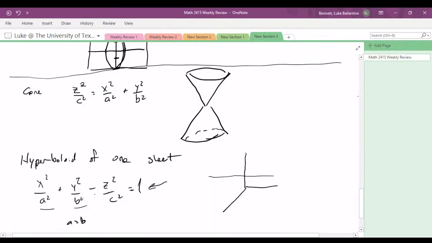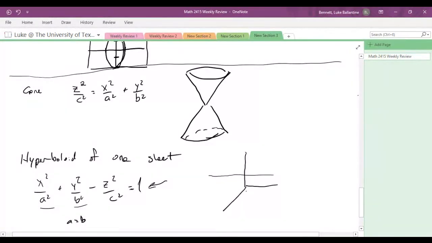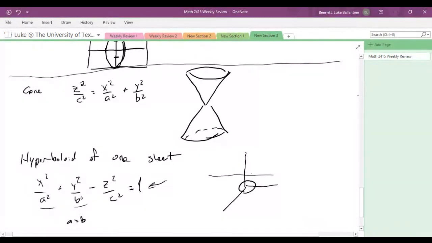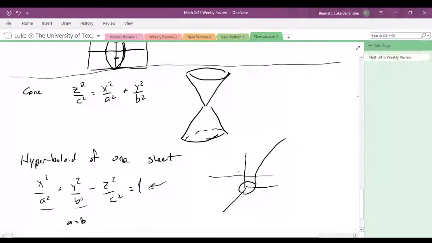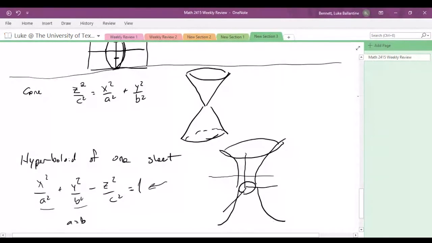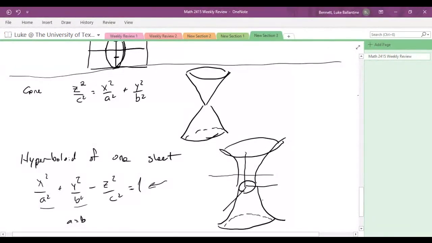Cool. And so I might draw it like it's a circle because that would be just easier. So we got circles all the way up for every slice that we make, but it looks like this. Sort of like a tornado or something. Really weird shape. Yeah, this is a hyperboloid of one sheet.